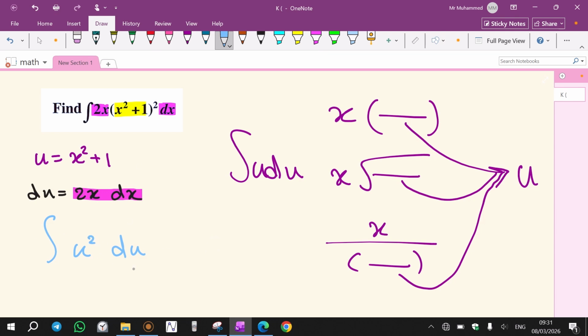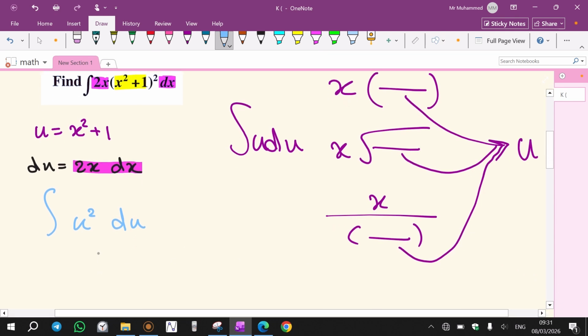This could be multiple choice. The integral could be given in the multiple choices in terms of u. Or the result of this integral, integral u squared du, the result is u power 3 over 3 plus c. This could be multiple choice as well.